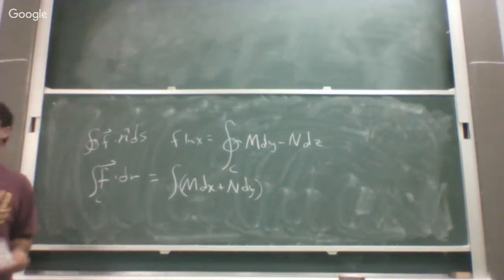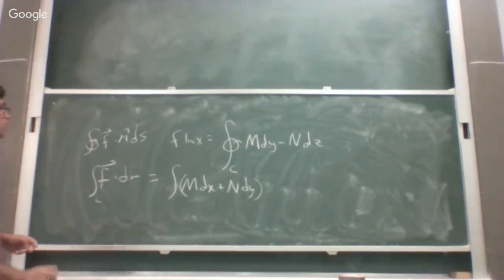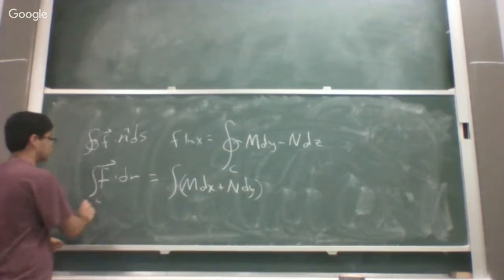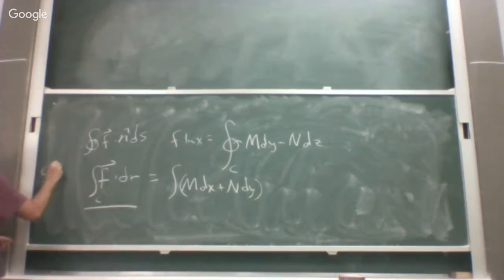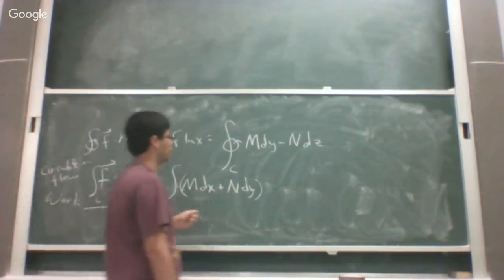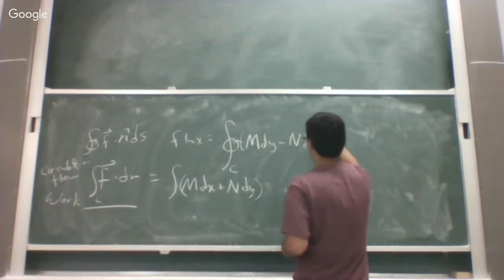The thing I'm trying to show here is that for flux, don't get the formula mixed up with the formula for circulation, which I believe means flow, and that formula is also the same for work. There's a difference between the two formulas. Don't get them mixed together.